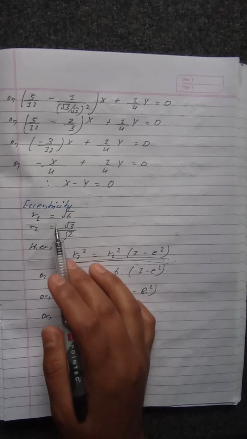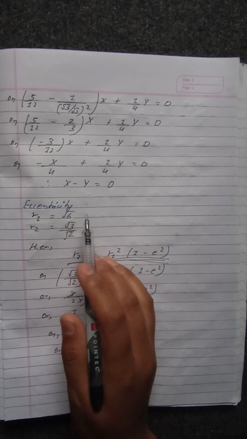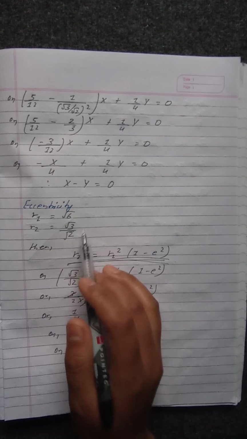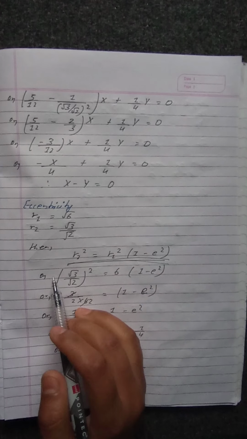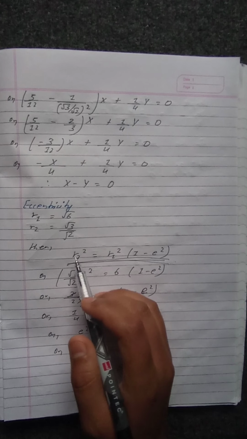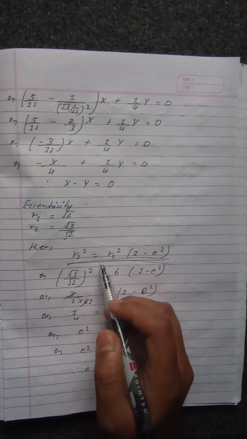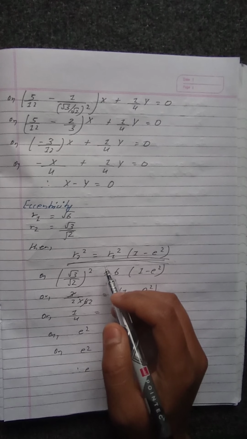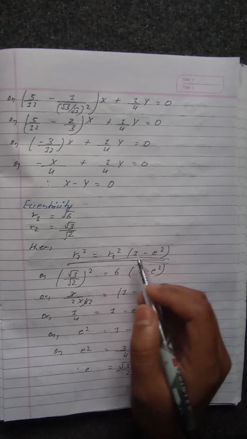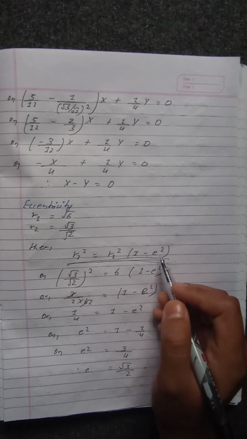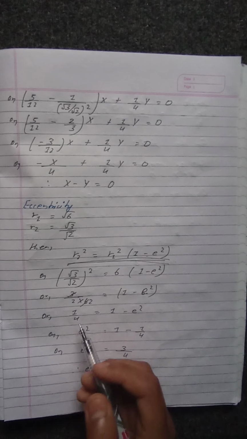Now for the eccentricity, we have r1 equals to root under 6, r2 equals to root under 3 by root under 2. Then we have the formula for eccentricity, that is r2 square equals to r1 square times 1 minus eccentricity square.